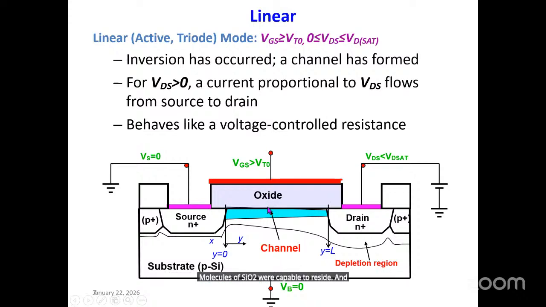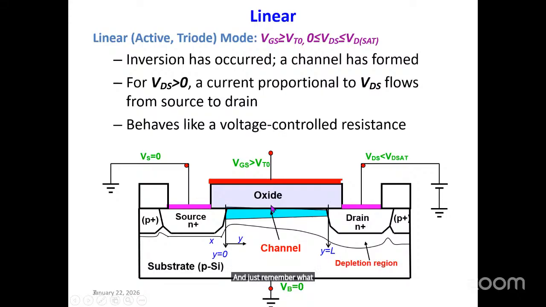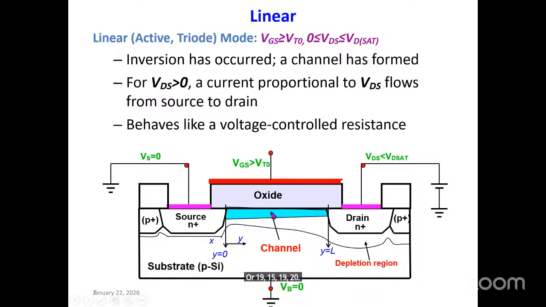When something becomes very thin, remember what happened 100 years back, when the tunneling mechanism or quantum theory came into science, maybe in 1910, 1915, 1920. When something becomes very thin, the electron starts behaving in a very surprising way.